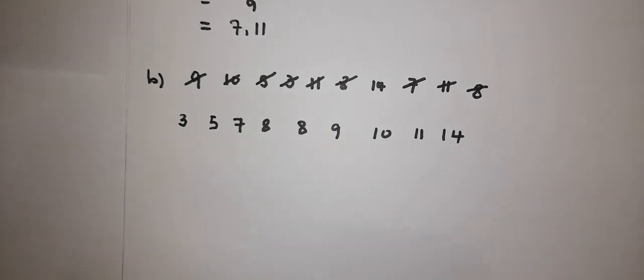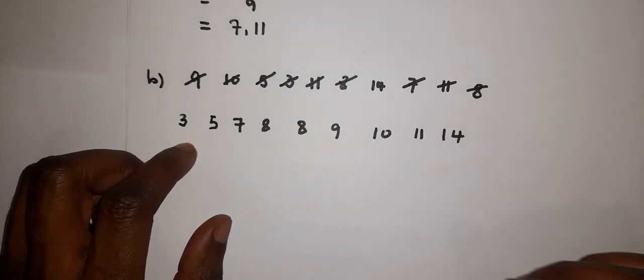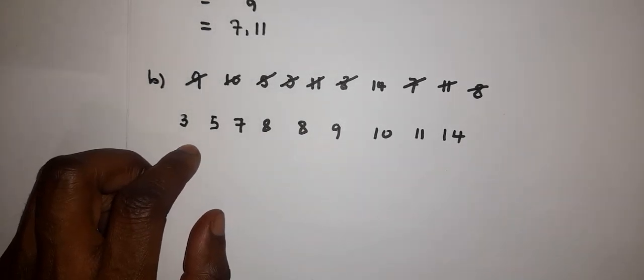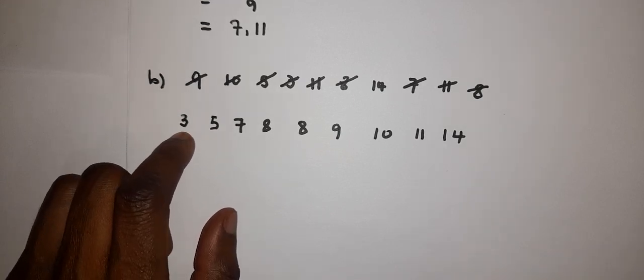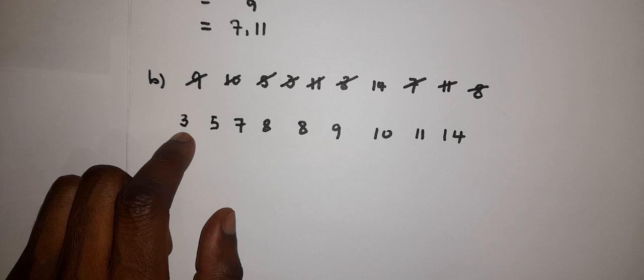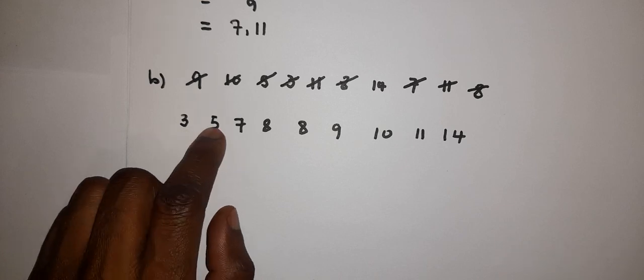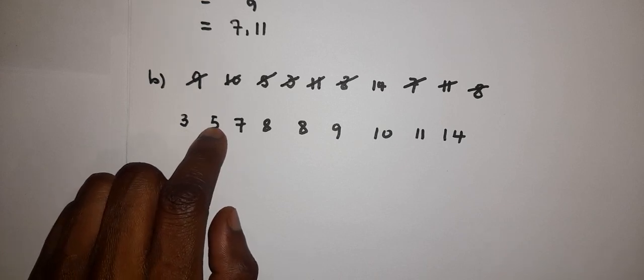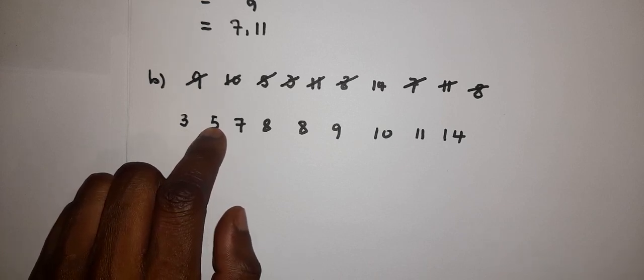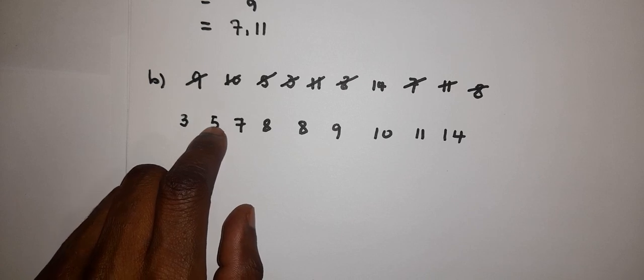Please let me just check again which value did I not include. I have a 3. I'm just checking with the original data, bear with me. 3, yes. I have a 5, yes. I have a 7, yes.